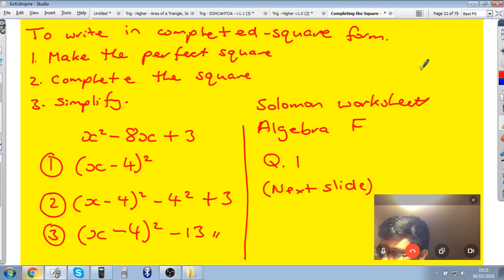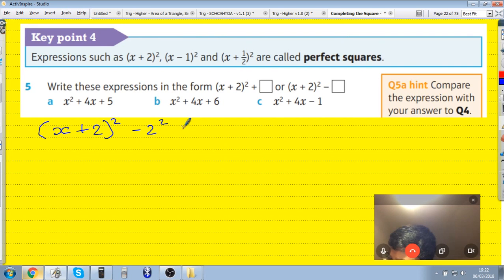So that would be x plus 2 squared minus 2 squared plus 5, which equals x plus 2 squared plus 1. That's it, and you'll be okay for the other two.